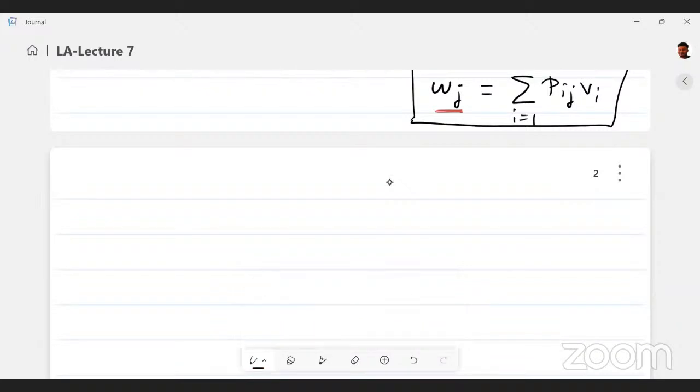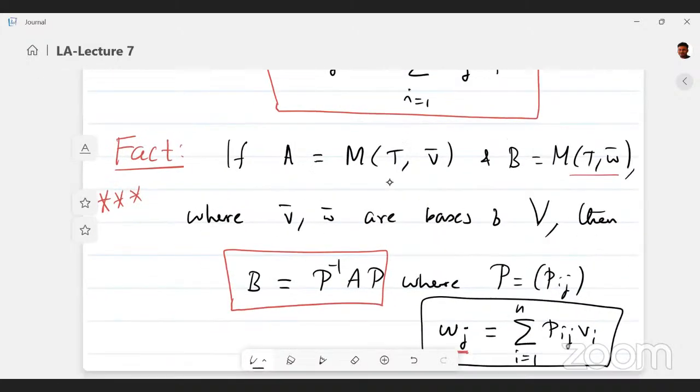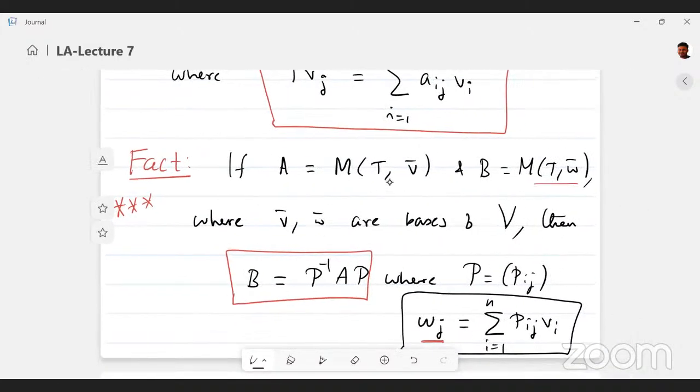So this change of basis actually corresponds to this conjugation, or the similarity. That means we don't need to really worry about this operator.